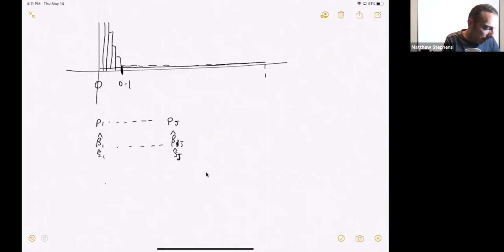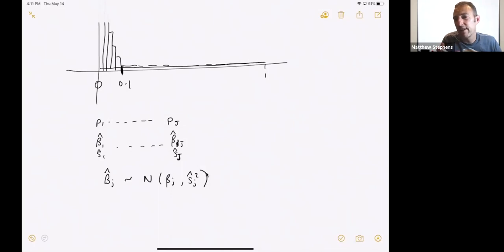Here's a reasonable starting point, though it might not always be true. We're going to assume that the beta hats are normal with some mean beta_j, the true effect for that gene. The beta_j's are the things we're interested in, and we're just going to treat the standard errors as given.